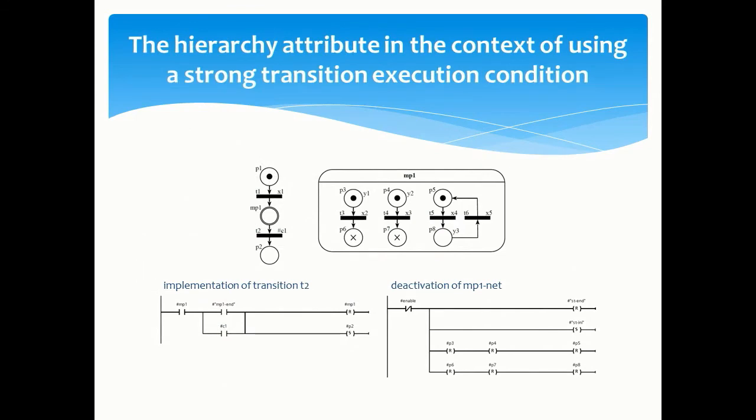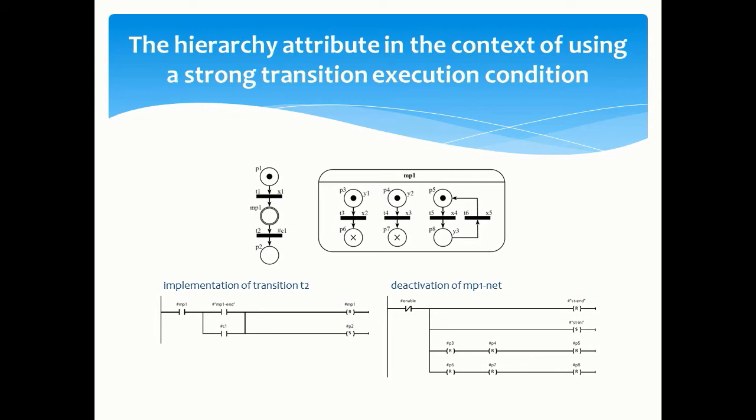Next slide shows a modified version of the previous example, changed to impose on the T2 transition from the base network a strong, preemptive condition, which is intended to inactivate the MP1 macro place and thus deactivate its associated subnetwork without having to reach the end places therein. The implementation of such functionality can be similar to the presented above.